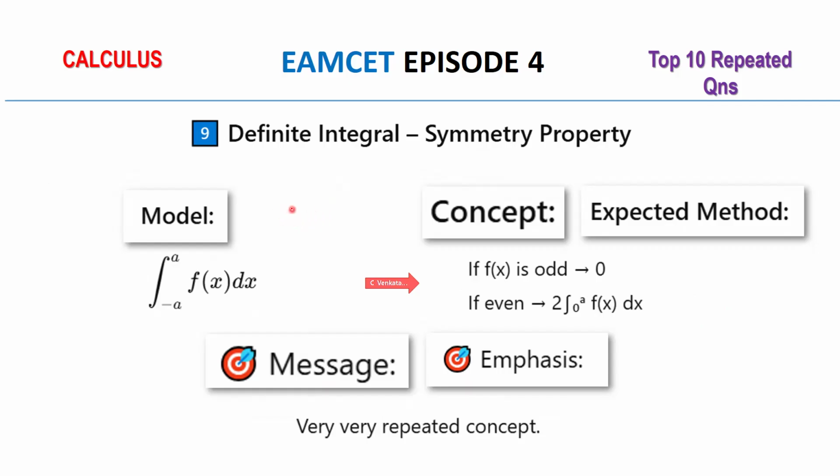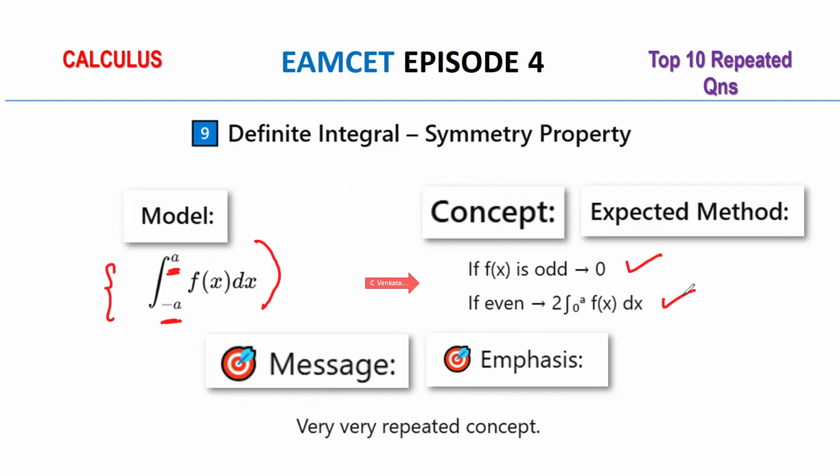Definite integral symmetry property. See, such questions: integral from minus a to a of f of x dx. You don't have to do anything here. If this is minus a and this is a, simply if f of x is odd, the answer is 0. If f of x is even, it is 2 into the integral from 0 to a of f of x dx.